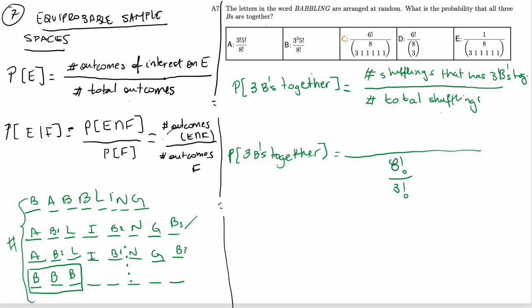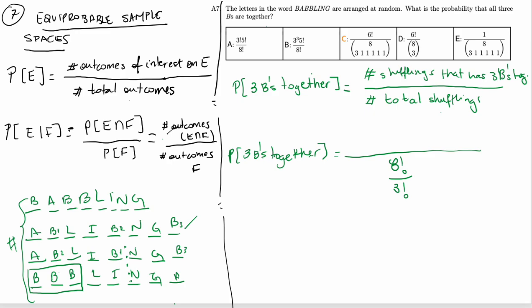And so I throw B there, and I can have other letters in the other boxes, right? So I can have L, I, N, G, and what else? What am I missing? L, I, A. Okay? Now, say that I have these boxes. This is one way of having 3 B's together.